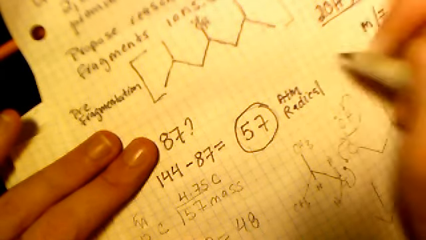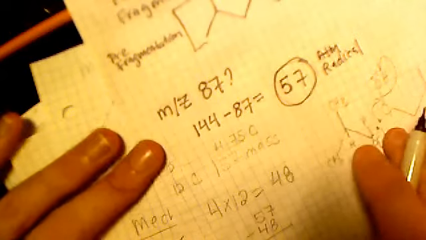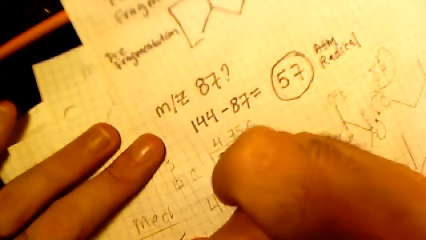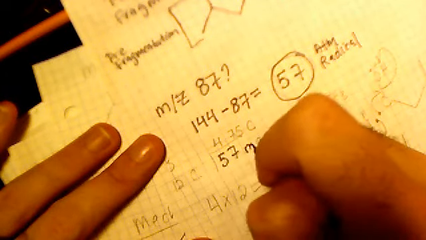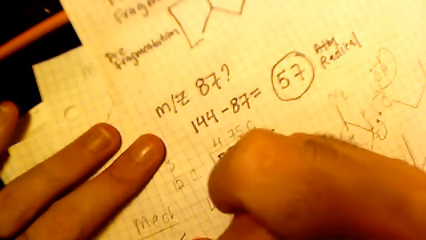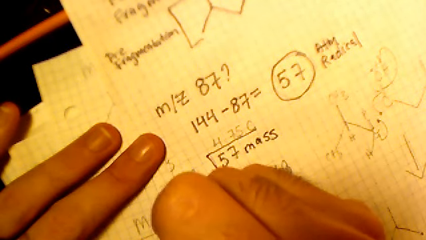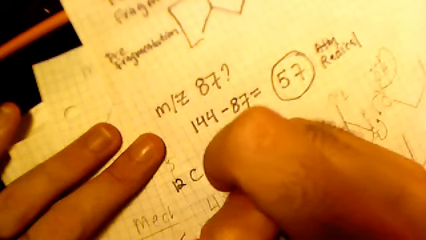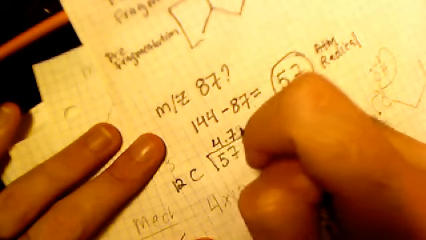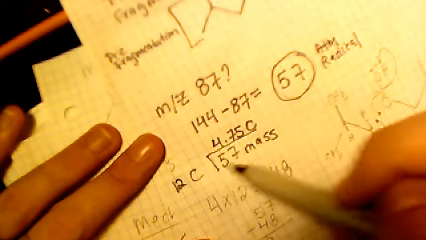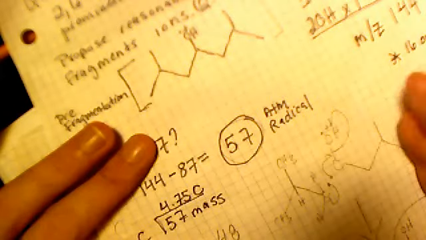They don't have any charge on them. So I have 57 mass, and the first thing I did was divide it by carbons. Each carbon is 12, and I got 4.75 carbons.